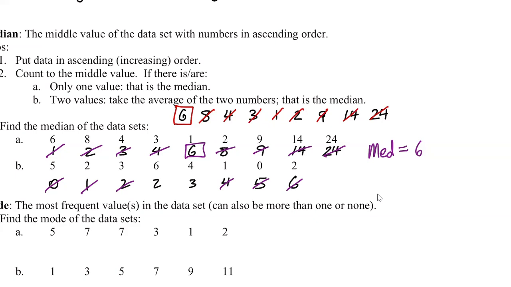So instead of just selecting at random and saying, okay, I choose 2.1, that's in between 2 and 3, what we do is we find the average, right? So the median here is going to be 2 plus 3 over 2, which is 5/2, which is 2.5, which is directly between 2 and 3.